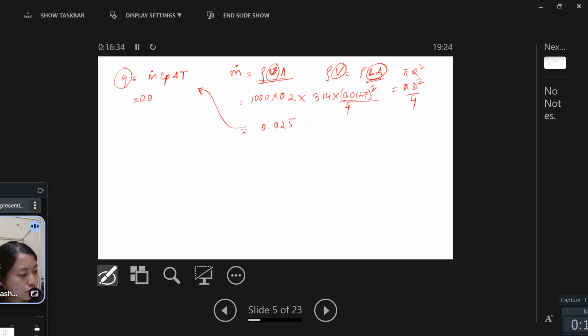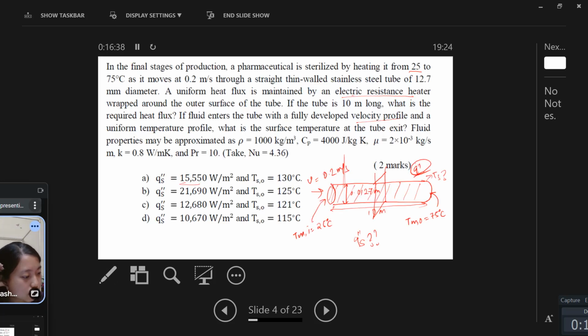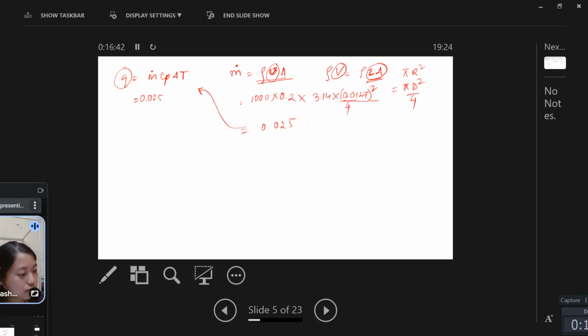So it is 0.025 into Cp, given as 4000 joule per kg Kelvin. And what is this temperature difference? This is equal to the outlet minus inlet.